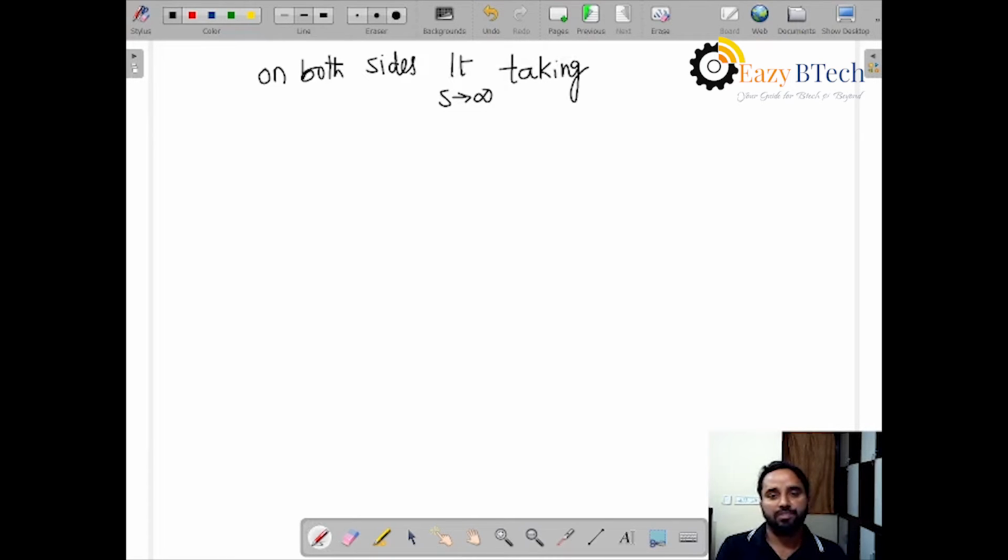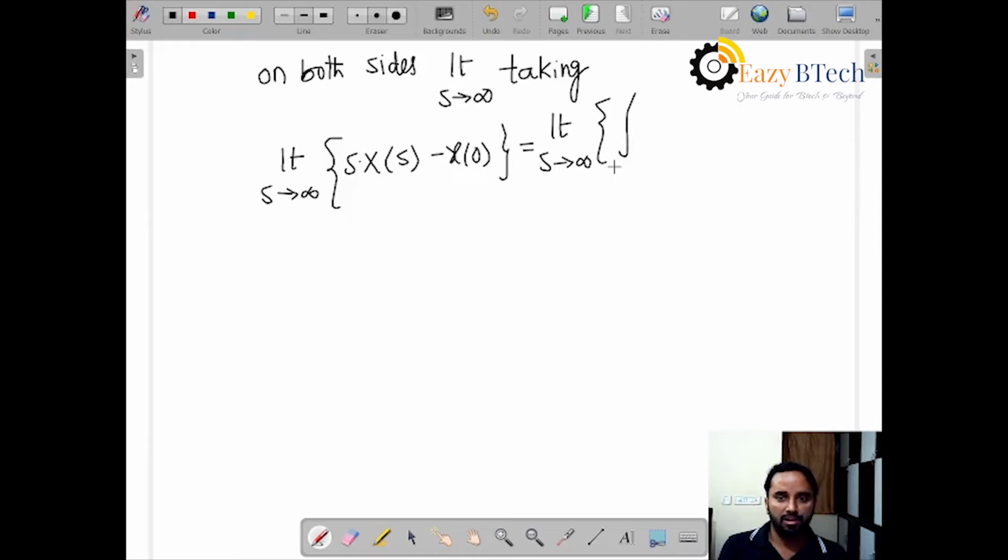Then we can see, on the left side the limit s tends to infinity of s into X of s minus small x of 0, and on the right side also the limit s tends to infinity of the integral 0 to infinity of d by dt of x of t e power minus st dt.